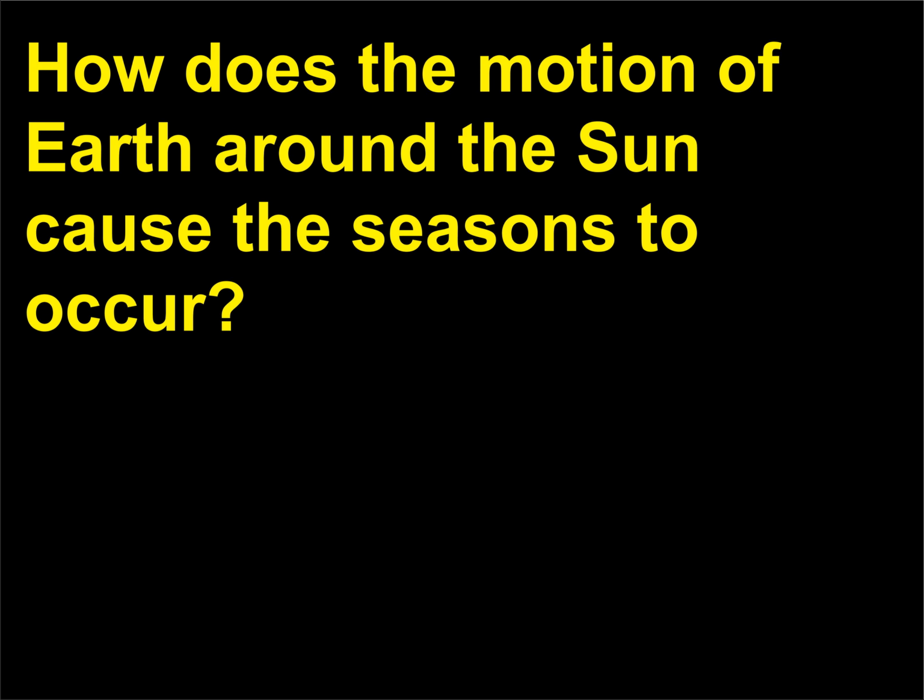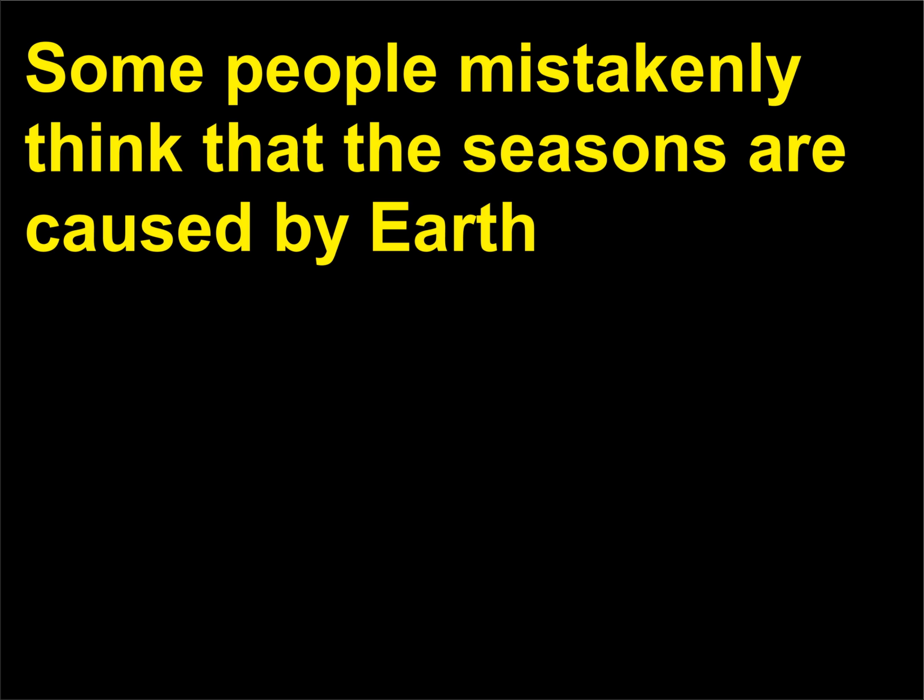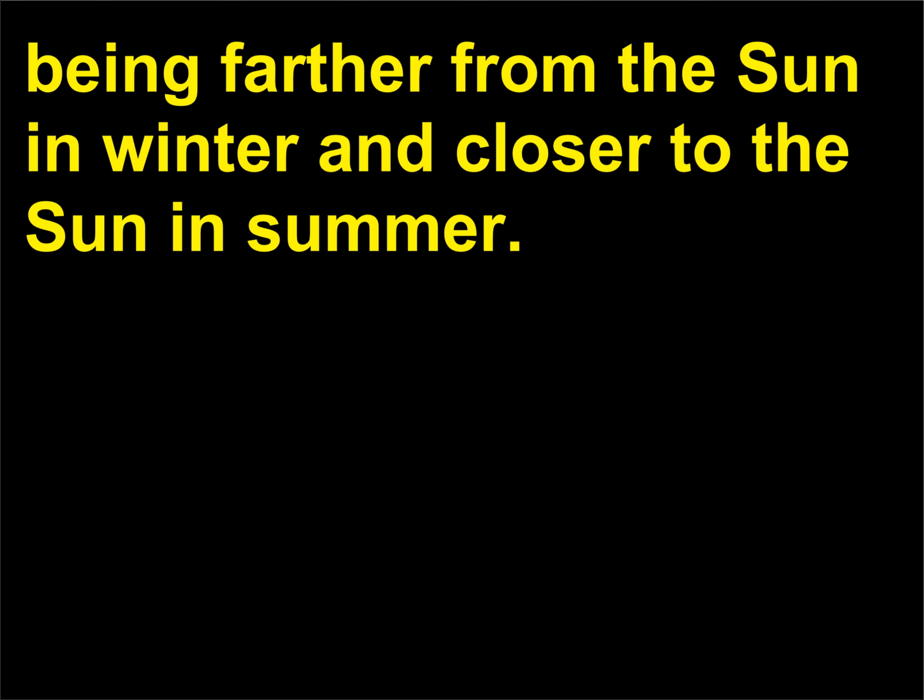How does the motion of Earth around the Sun cause the seasons to occur? Some people mistakenly think that the seasons are caused by Earth being farther from the Sun in winter and closer to the Sun in summer.